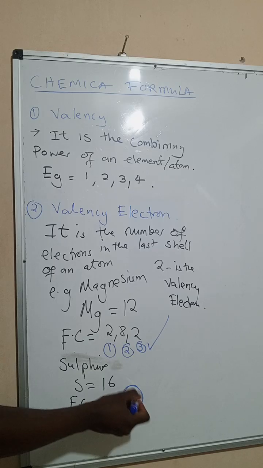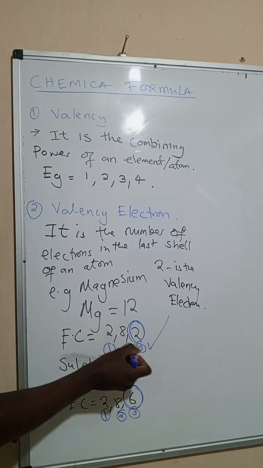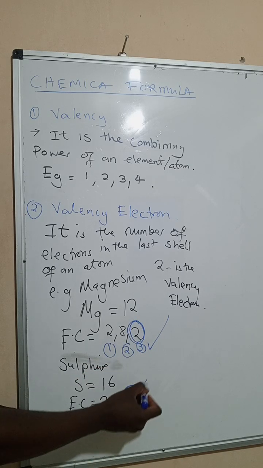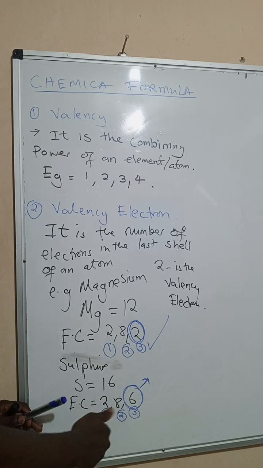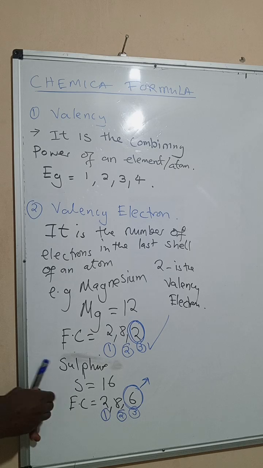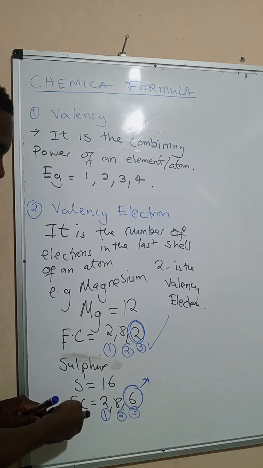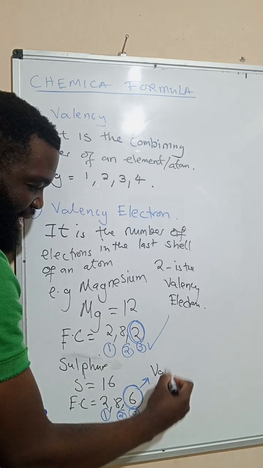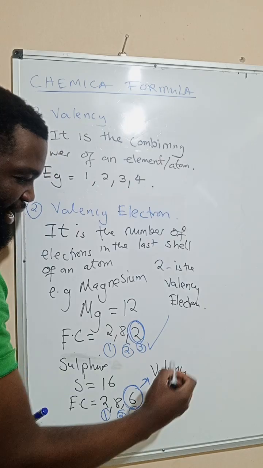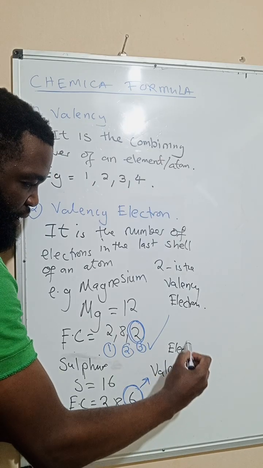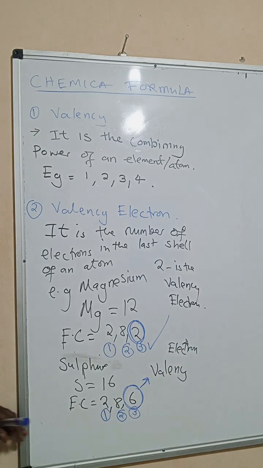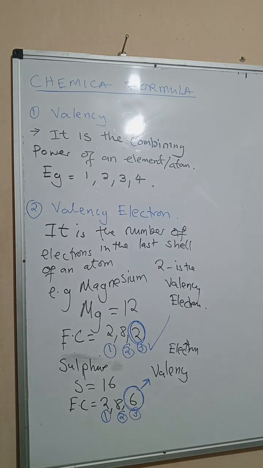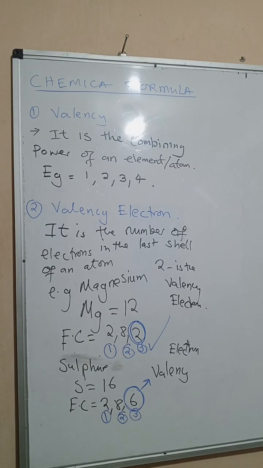This 6, the number of electrons in the last shell, is what is called the valence electron.